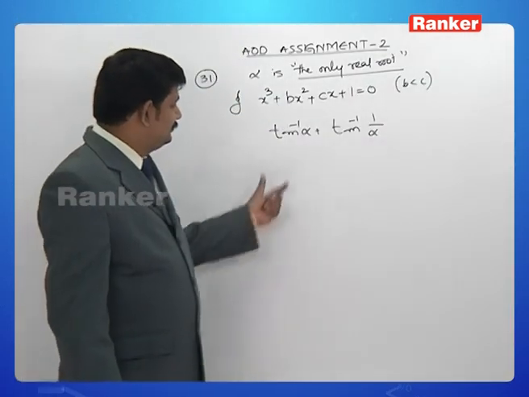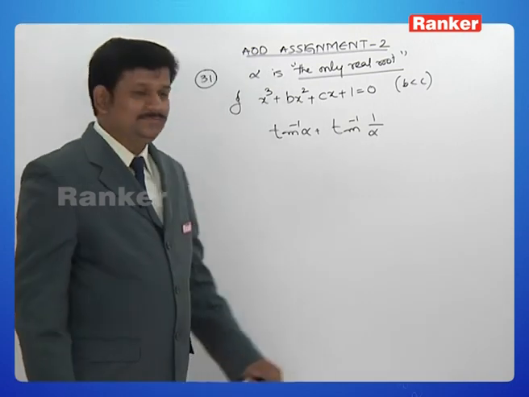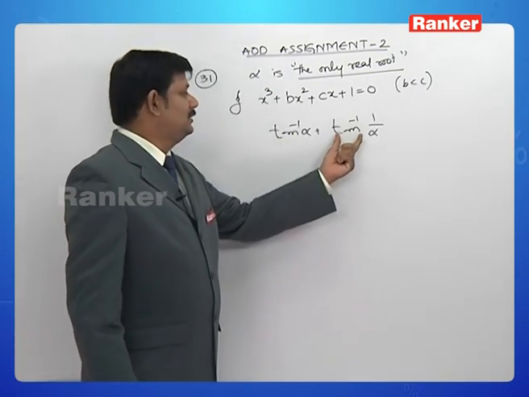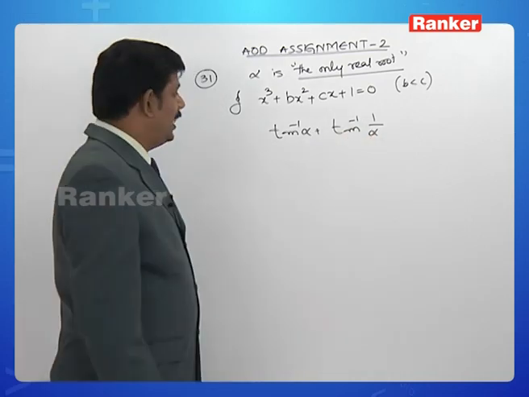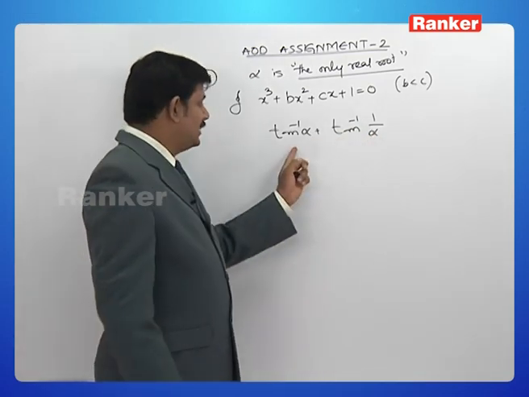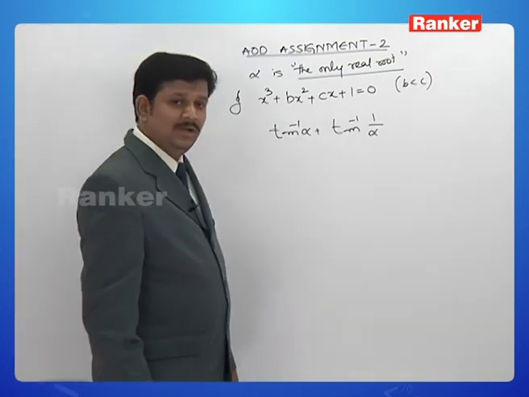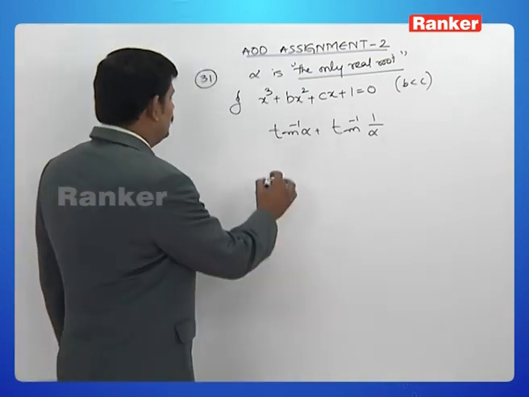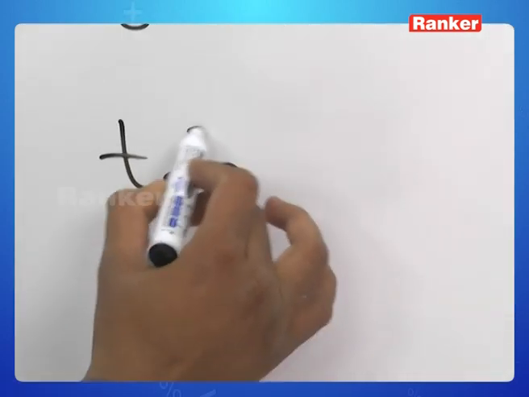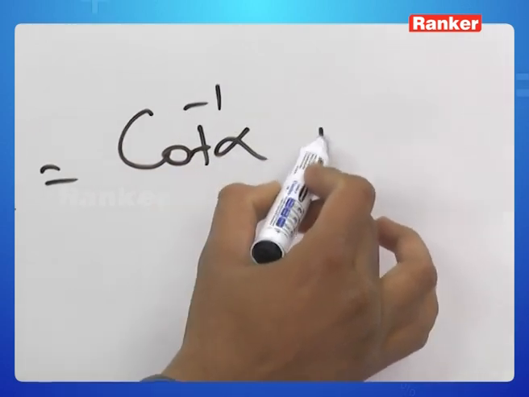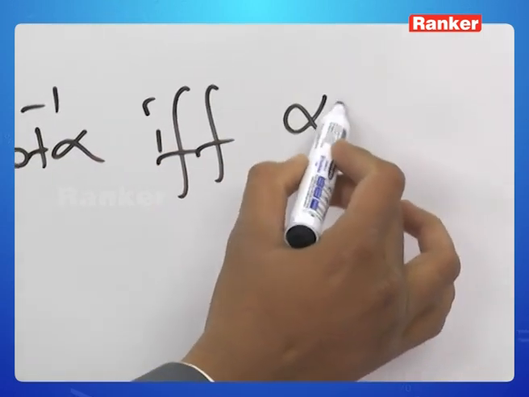In this question, the options are very tempting, and usually students are prone to make a mistake of writing tan inverse 1 by alpha as cot inverse alpha, and tan inverse alpha plus cot inverse alpha is pi by 2. But remember, tan inverse 1 by alpha is cot inverse alpha if and only if alpha is positive.